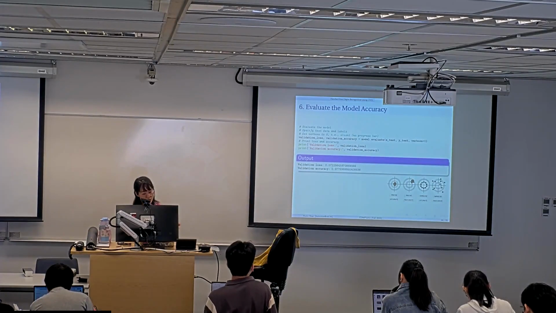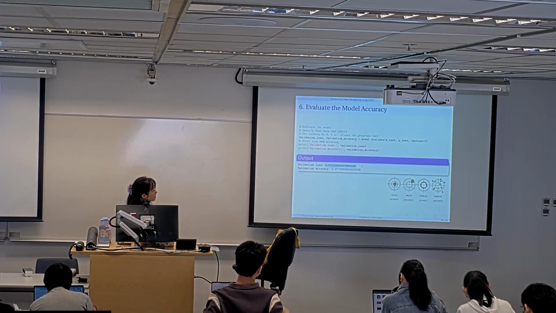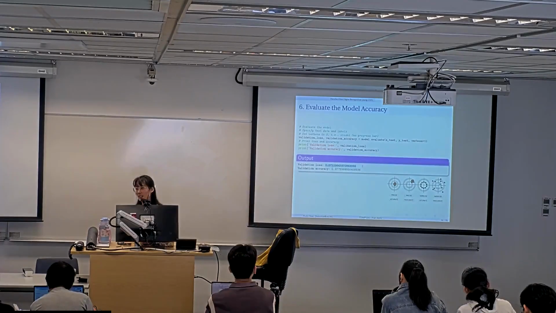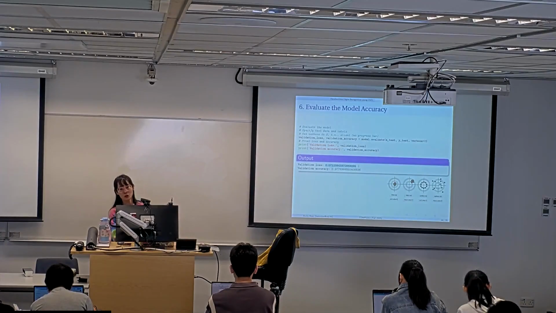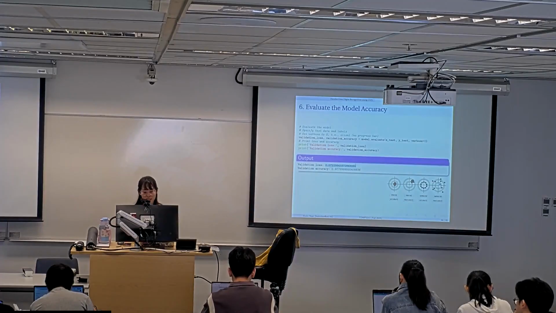The validation loss is 0.072298, something like this. Of course, the loss does not mean much for us. What we want to see is the accuracy. The loss is meaningful for the neural network model itself, because it tries to minimize the loss, but it does not have much meaning to us.